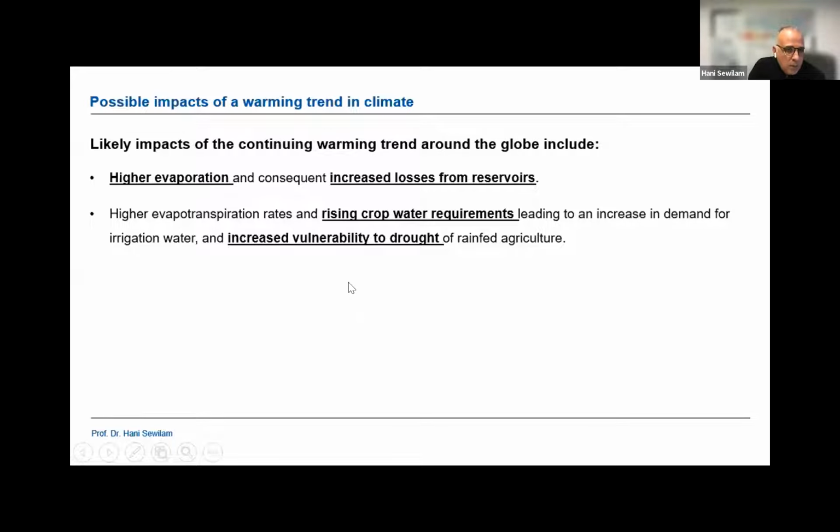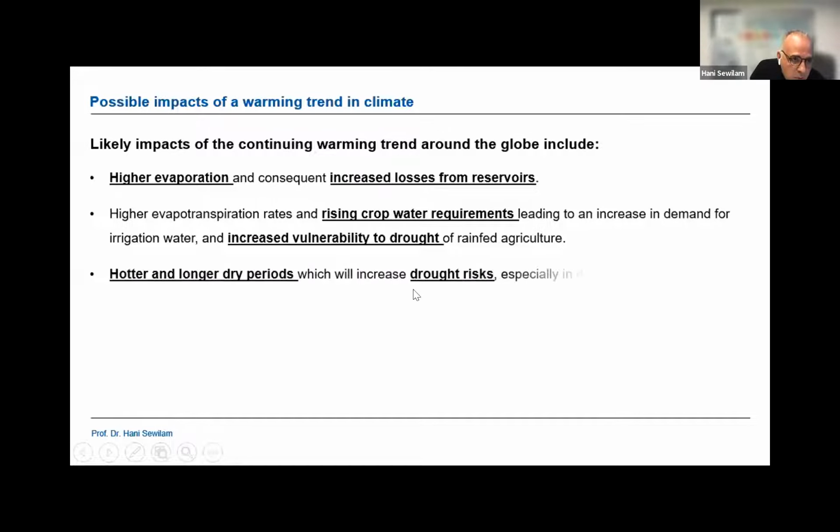Higher evapotranspiration, and evapotranspiration is the evaporation plus the transpiration from the crops, which means irrigation-based countries will need more water to irrigate their crops. So Egypt, Sudan, will need more water in the future. And of course, all the other countries, because crops will require more water in the future.